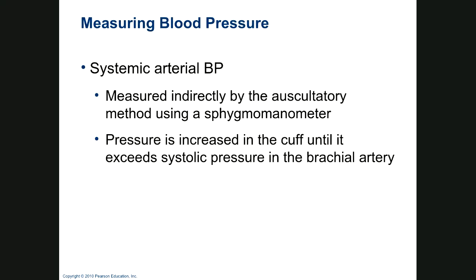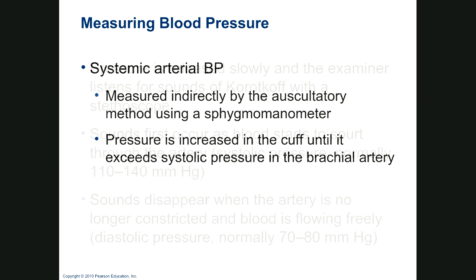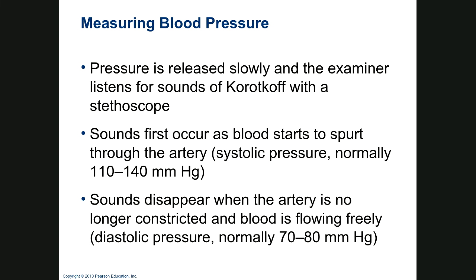Okay, and here we have the same thing I just said, but you attach the blood pressure cuff and increase it until you hear no more sounds in the brachial artery. So basically the pressure in the cuff exceeds systolic pressure. Then you release the pressure until you hear sounds.